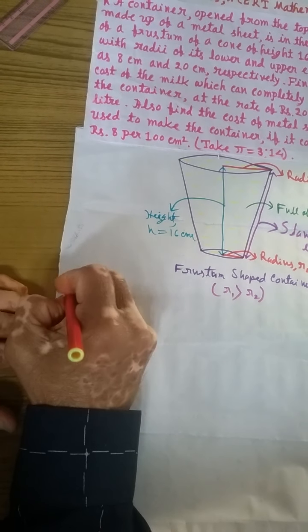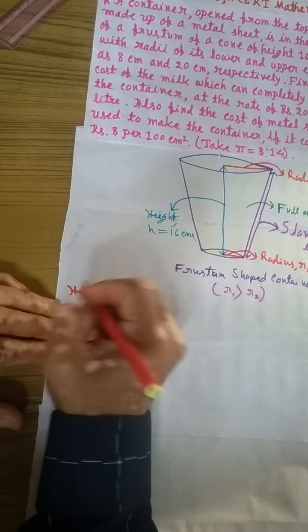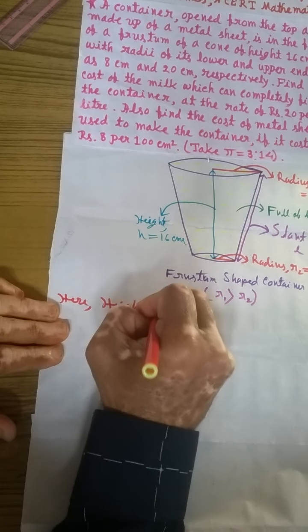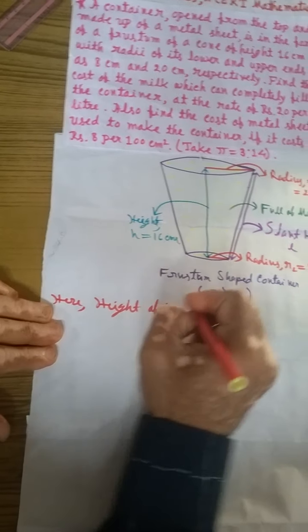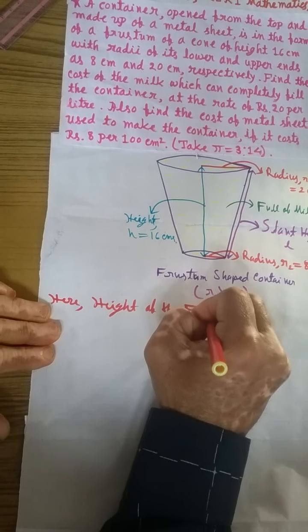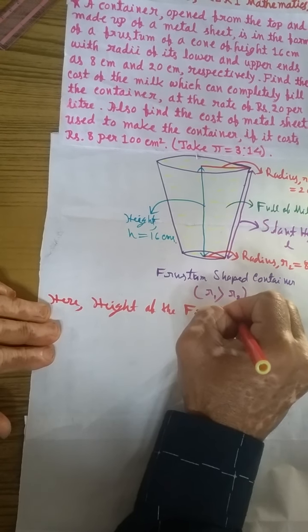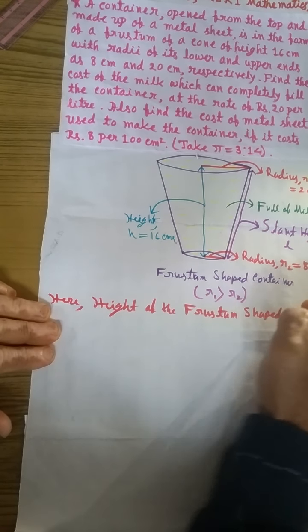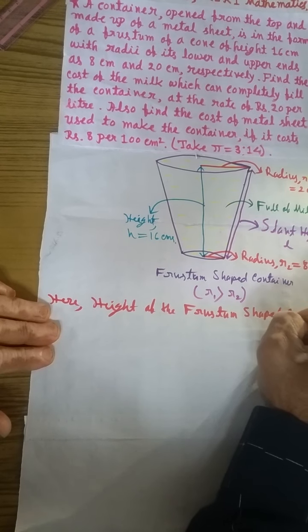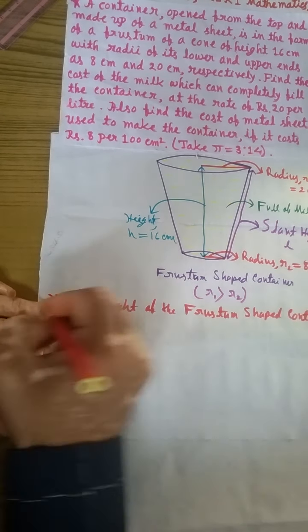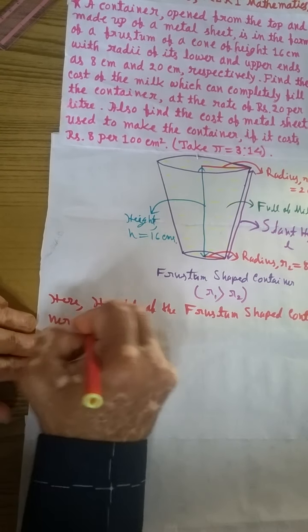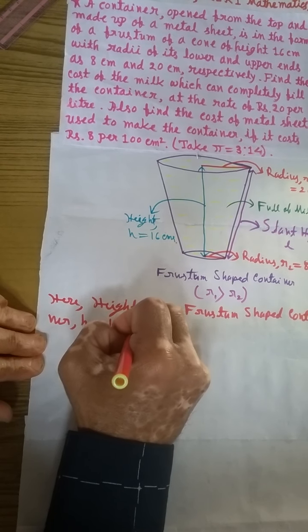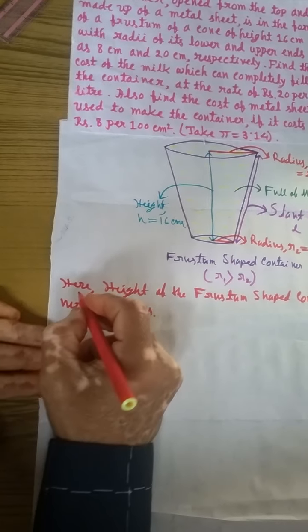Write in this way. Here the height of the frustum shaped container is equal to 16 centimeters according to the question.